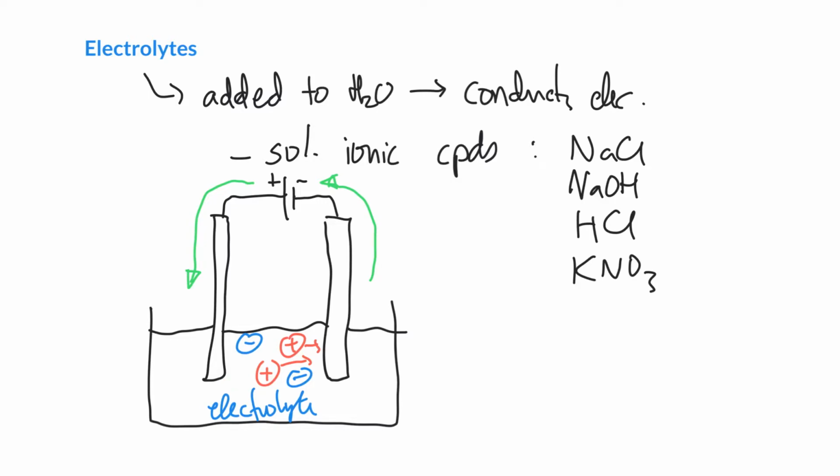The negative ions flow as well, exactly in the opposite direction to the positive ions, and complete the circuit. So the positive ions flow this way, the negative ions flow the other way. Whichever way you look at it, electricity is passing through the solution.